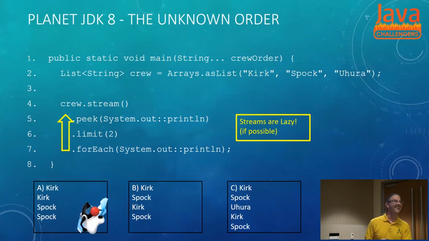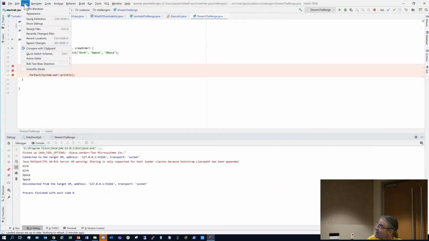No. Paul, could you just change the program and put the limit 2 on top of the peek and run again? You think it will change the output? Yeah, let's see if the output gets changed. Okay. Let's go do that.